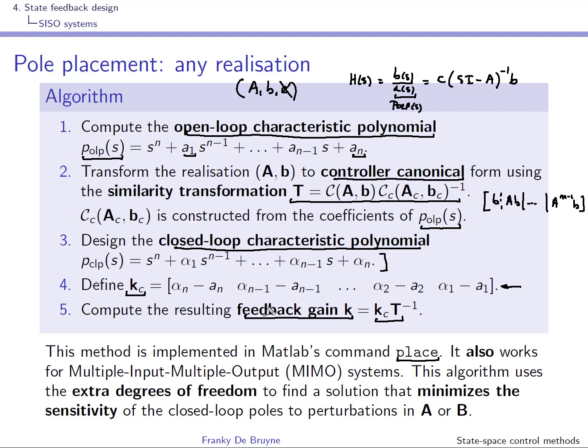Here we have explained it in the single input and single output case, but it also works, of course, for MIMO systems. And if you remember, in the MIMO case, there are extra degrees of freedom, and MATLAB uses these extra degrees of freedom to find a solution that minimizes the sensitivity of the closed loop poles to perturbations in A and or B.